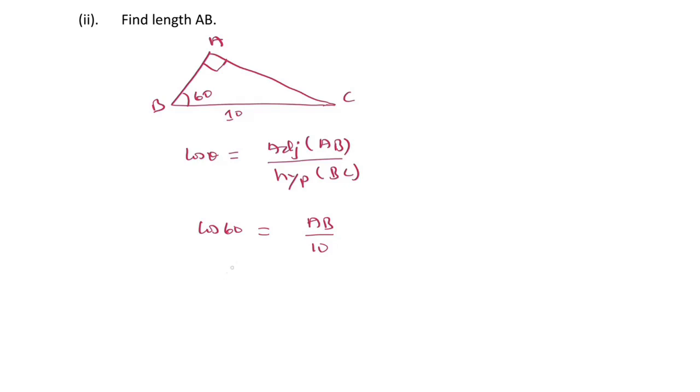Then AB equals 10 times cos 60. Reading from the table, cos 60 equals 0.5. Let us substitute this into our equation. Then AB equals 10 times 0.5, and after solving this, we have 5 centimeters.